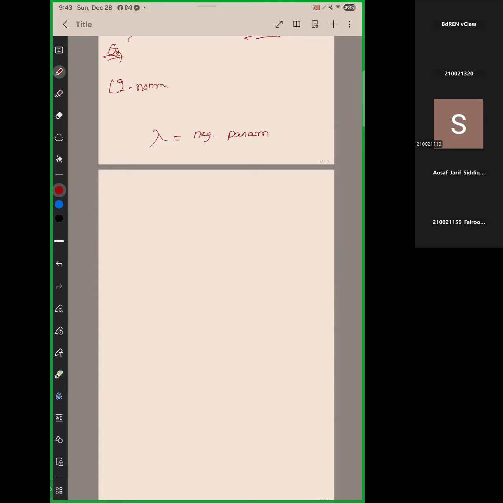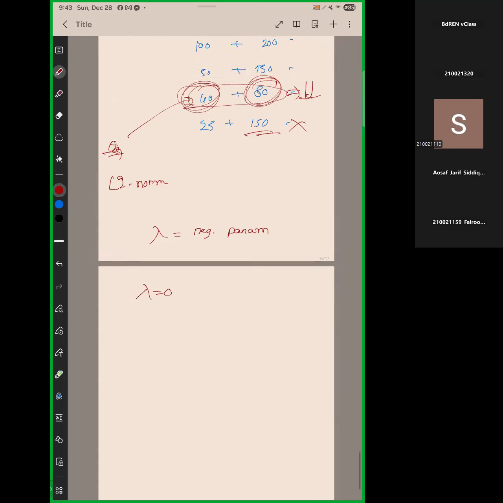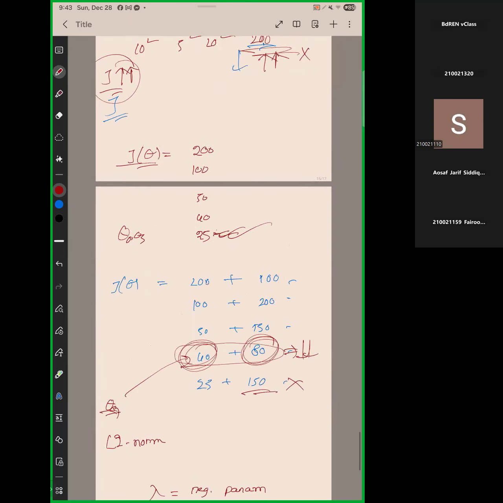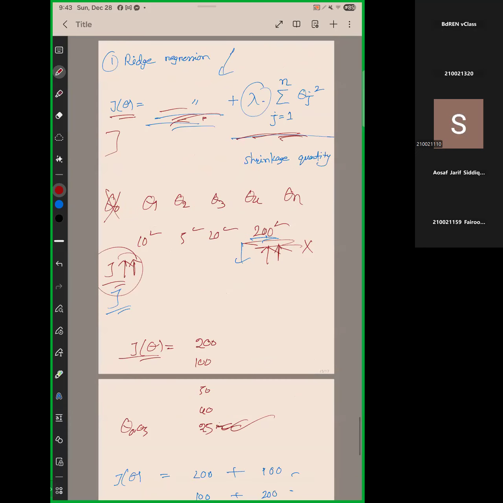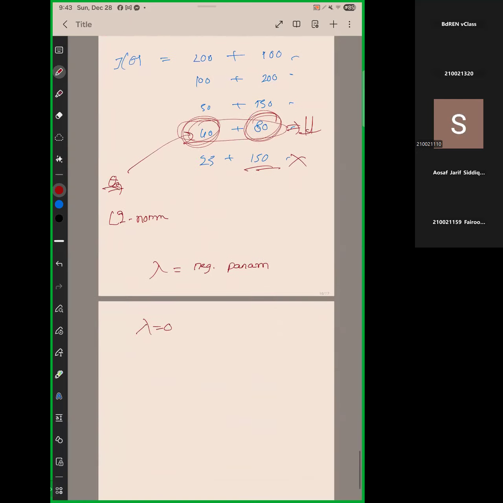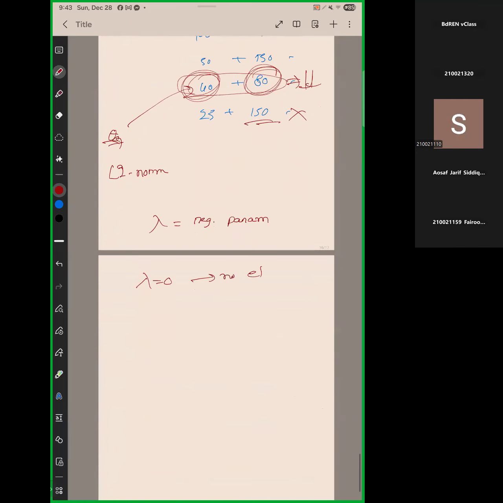Similarly, for this regularization parameter, if lambda equals 0, what will be the effect? If lambda is 0, there will be no effect. So it will basically be the same thing as standard linear regression, with lambda equal to 0.